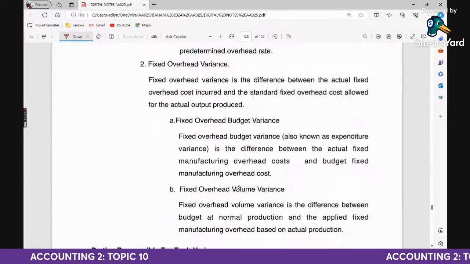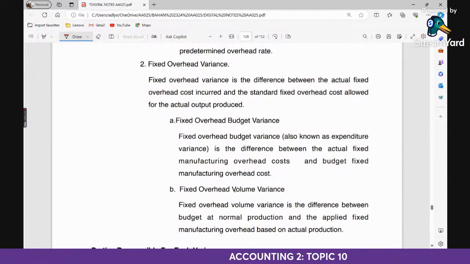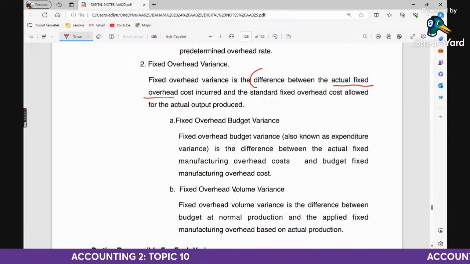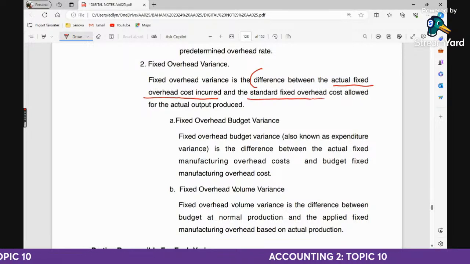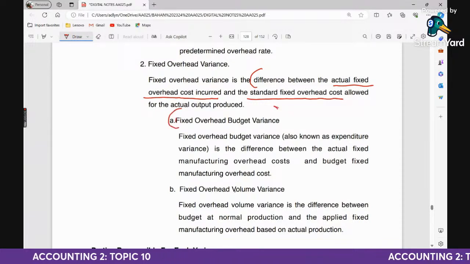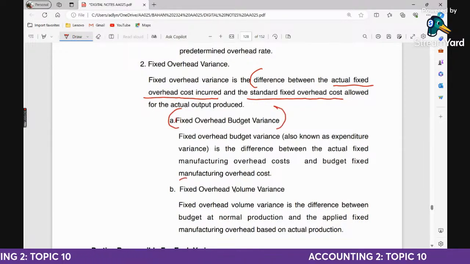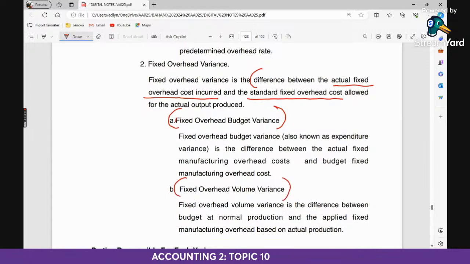Okay, whereas for fixed overhead variance, you are going to calculate the differences between the actual fixed overhead cost incurred bandingkan dengan standard fixed overhead cost. Okay, so untuk fixed, kita ada fixed overhead budget variance. Okay, kita akan tambah dengan fixed overhead volume variance.